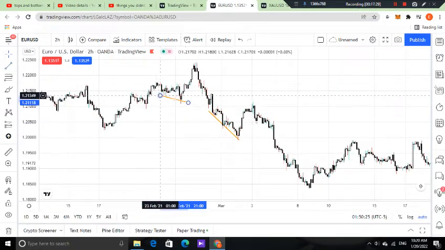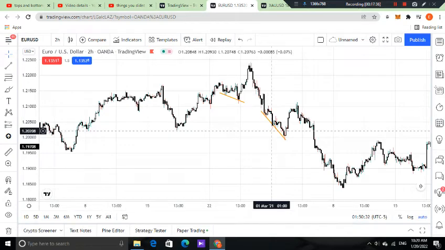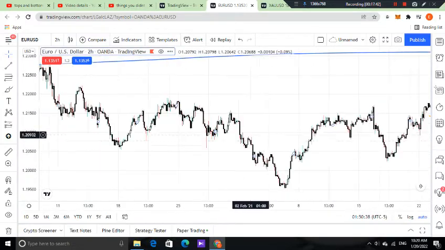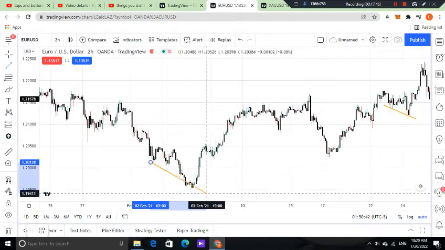Like this one. And for a wedge bottom, you need 3 pushes down, and for a wedge top, you need 3 pushes up. Okay, I think that's enough, and you got the idea so far.